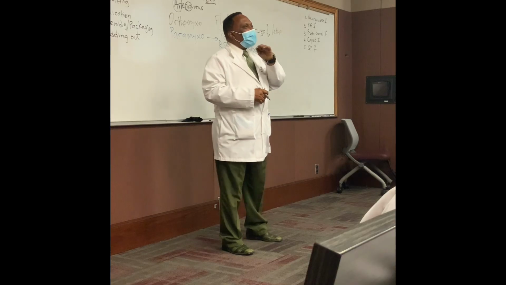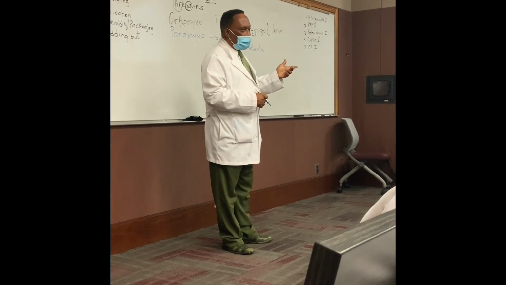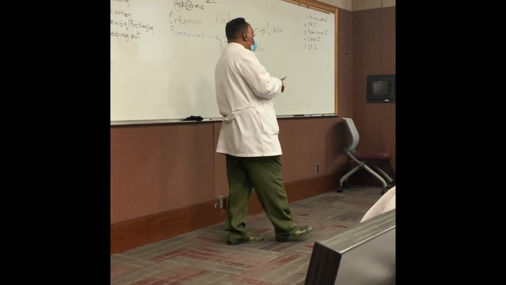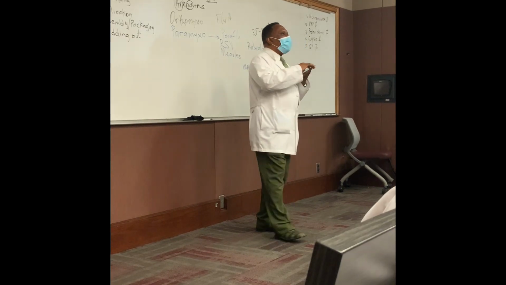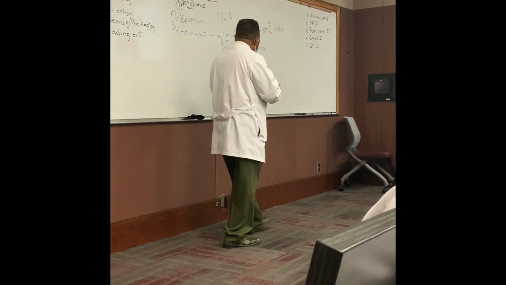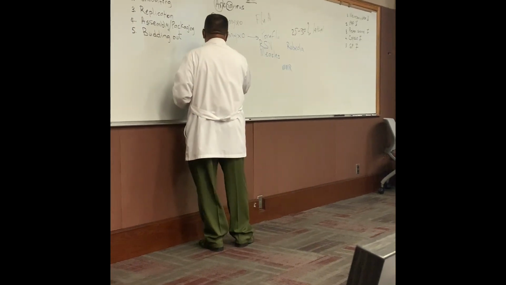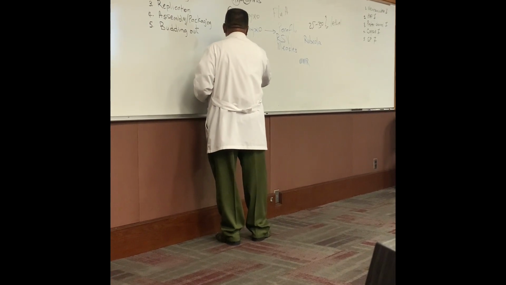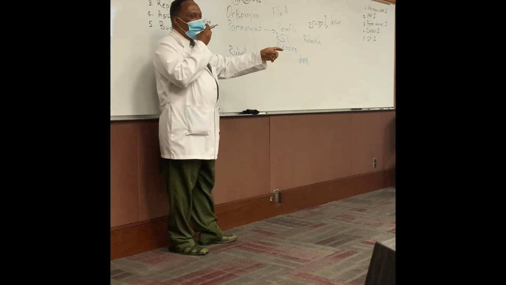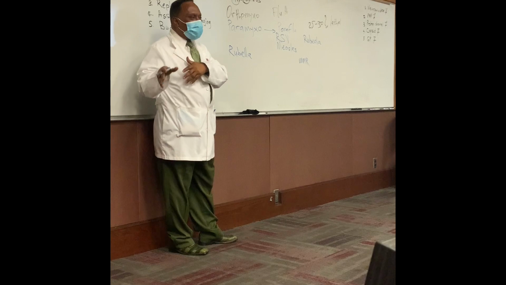Rubeola is different from rubella. If you look towards the bottom of that chart, where you have your togaviruses, you will see rubella. Rubella is the one that causes German measles.